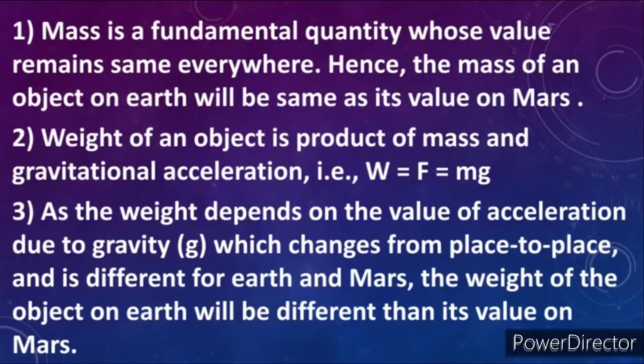As the weight depends on the value of acceleration due to gravity, that is g, which changes from place to place and is different for Earth and Mars, the weight of the object on Earth will be different than its value on Mars.